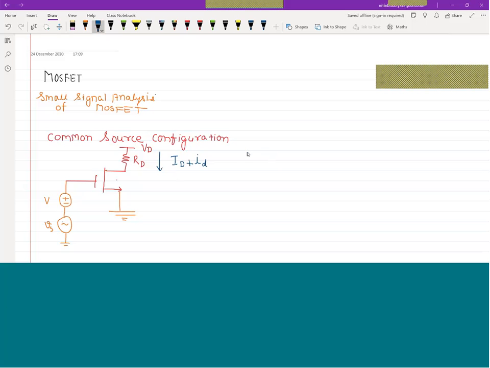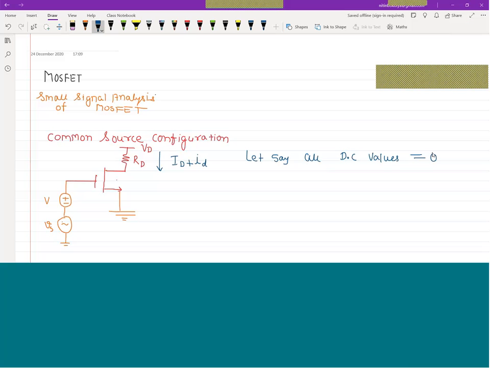So let's say all DC values are equivalent to 0 in this discussion.